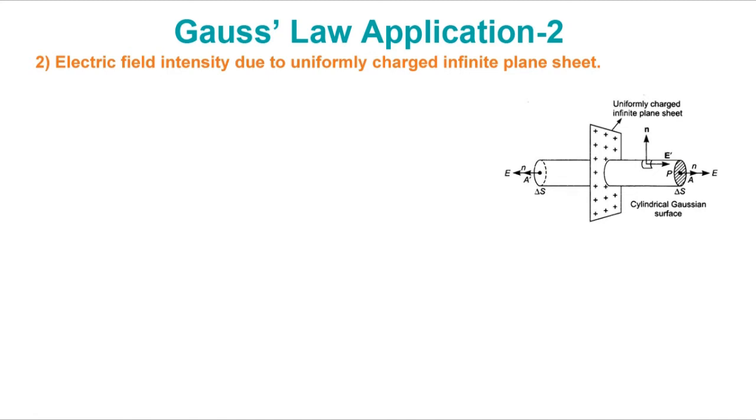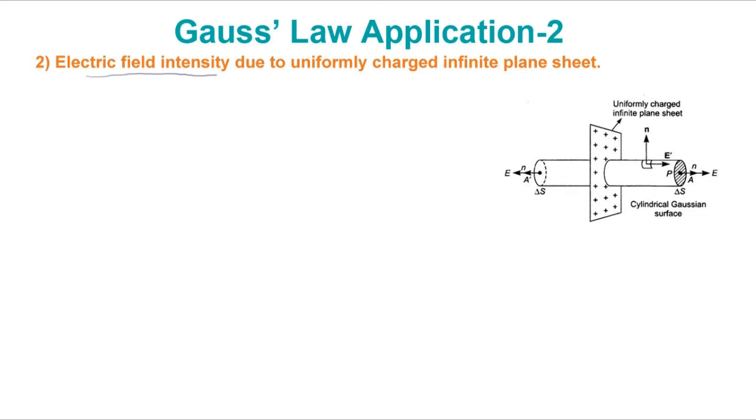Here also we have to identify the electric field intensity by applying Gauss law. Before that, consider a uniformly charged thin plate, and then we have to assume a Gaussian cylinder. So this is the Gaussian cylinder.